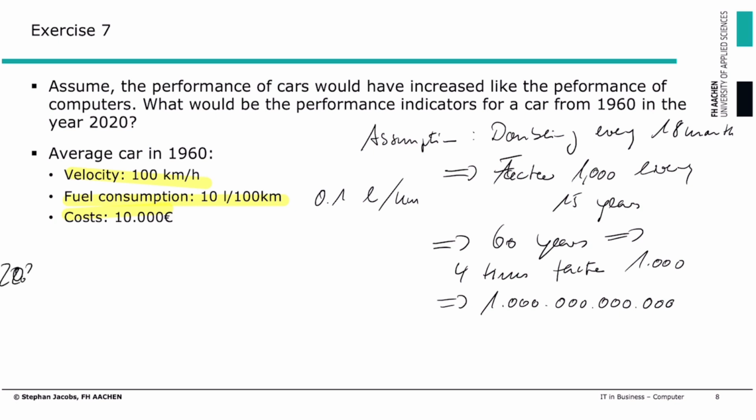The velocity would be 100 times 1,000 to the power of 4 kilometers per hour. And of course, that's ridiculous. That's faster than light speed. But this is the level of performance increase IT did have.